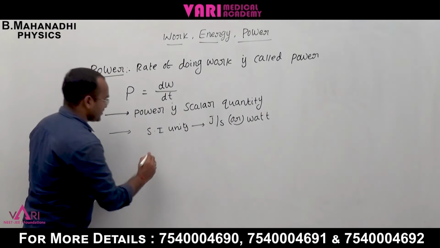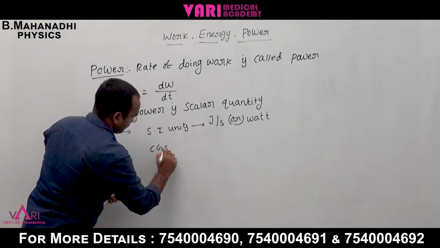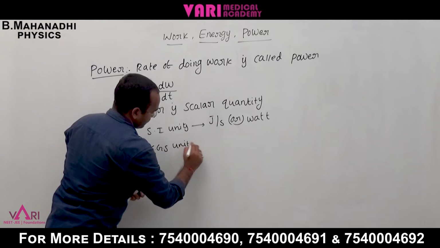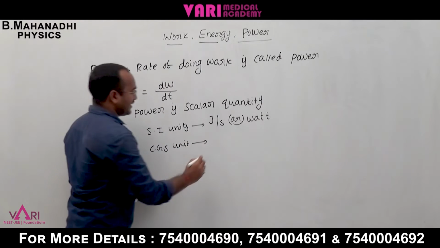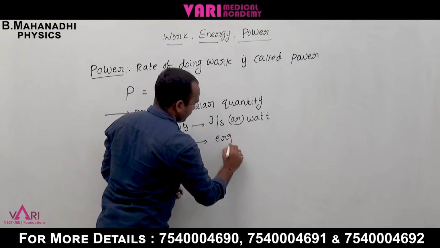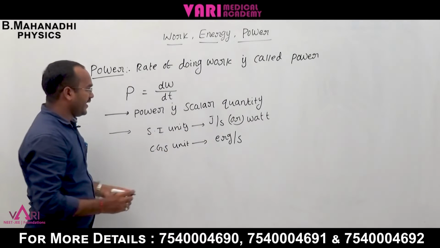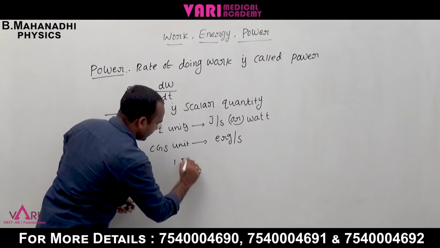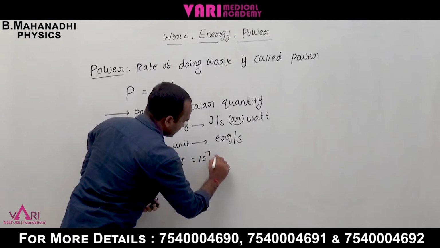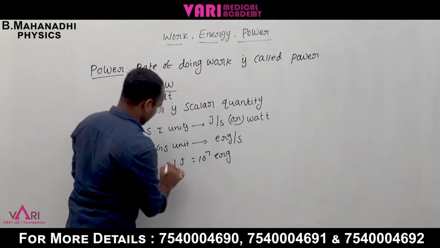What is the CGS unit? It is erg per second. What is the relation between joule and erg? 1 joule is equal to 10 to the power of 7 erg.